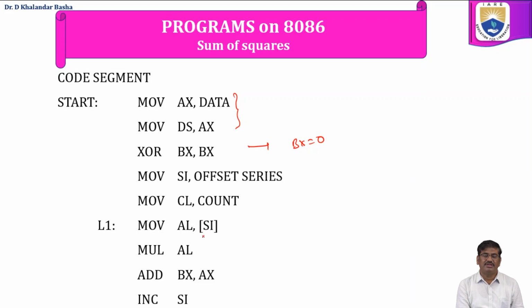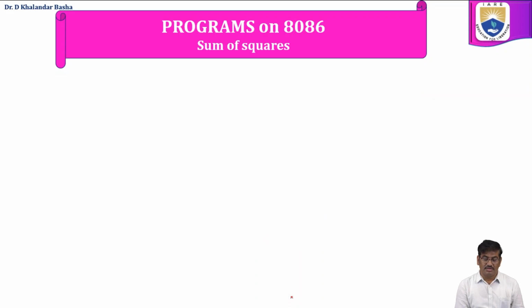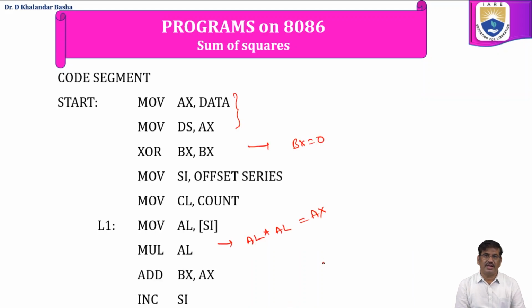The first data which is in memory will be fetched into AL. Then you write MUL AL. This instruction multiplies the AL contents with the AL contents, and the result we get in the AX register. So in this AX register we have the square of the number, which is going to be added to the BX register.